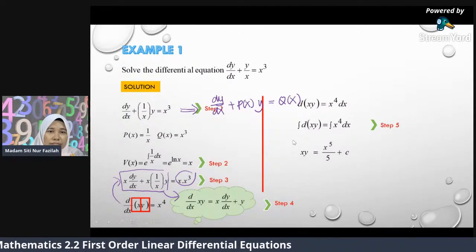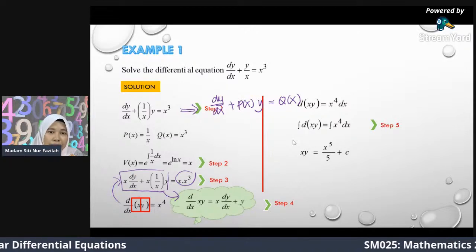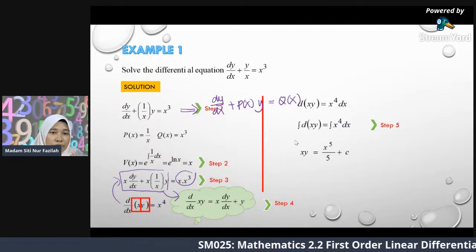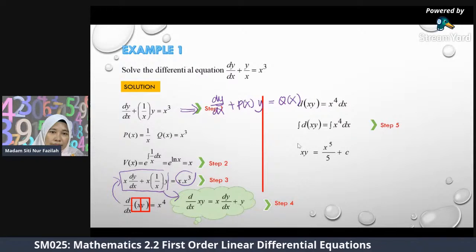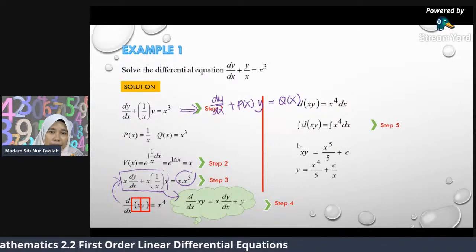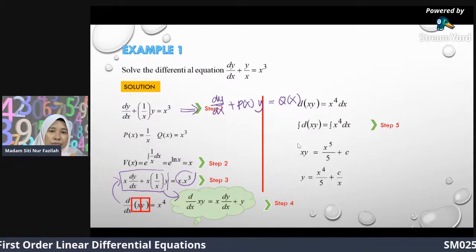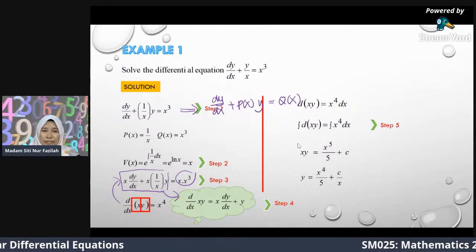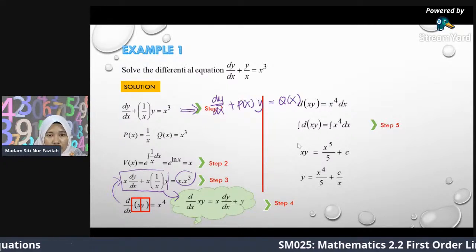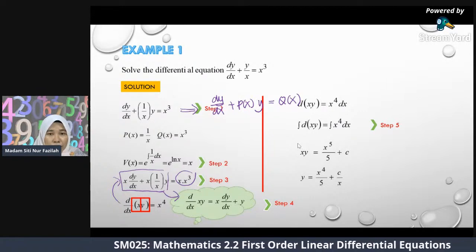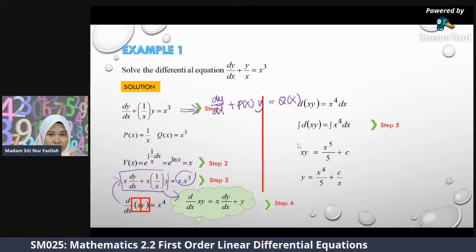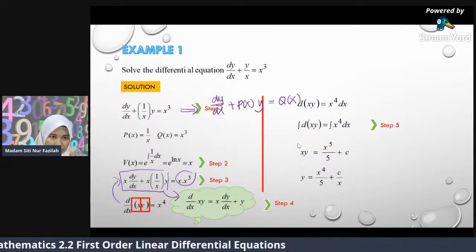For the right side, we get x to the power of 5 over 5 plus c. Then expressing y in terms of x, we get y equal to x to the power of 4 over 5 plus c over x as the final answer.